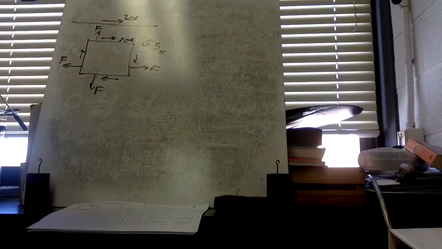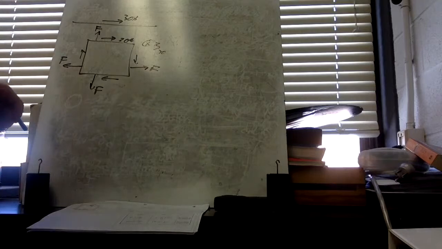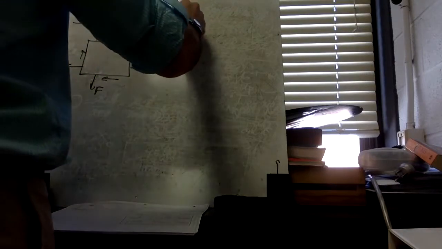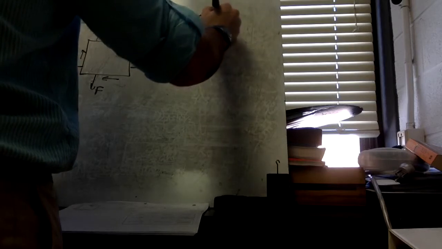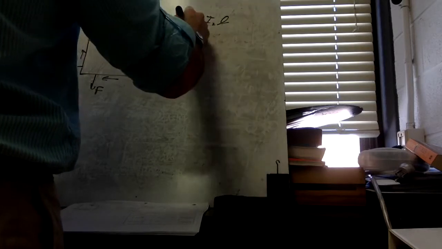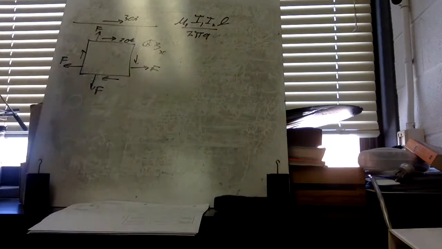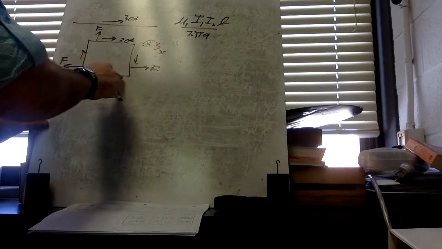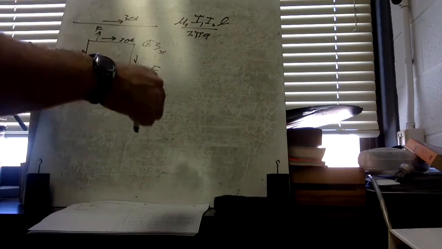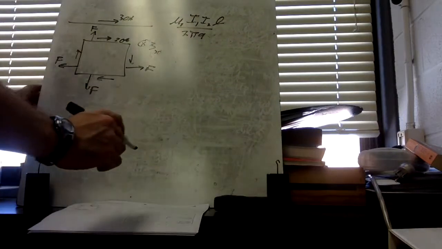And so what I do is I calculate this force, and then I subtract that force, and that's the net force. And we came up with a formula before, mu naught I1 I2 times L over 2 pi A. Right? And so all I'm doing is now I'm plugging in the numbers for this wire, plugging the numbers for this wire, and then that'll give me two forces, and that'll be the solution.